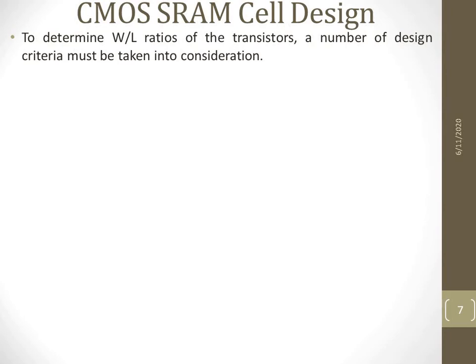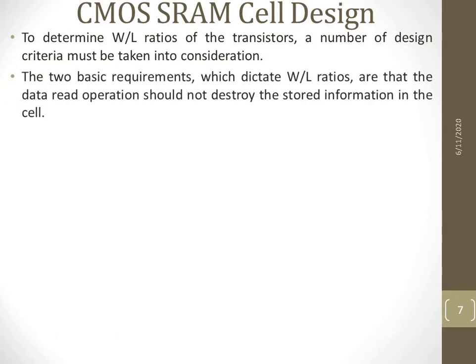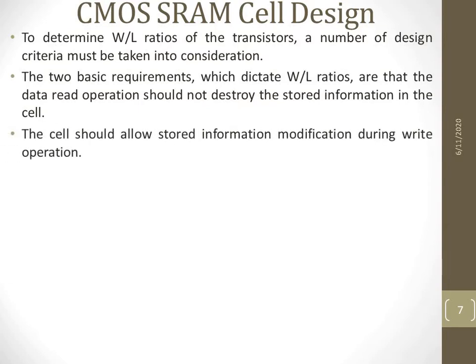Now the question that comes up is the transistor size. To determine the W/L ratio of transistors, a number of design criteria must be taken into consideration. The two basic requirements which dictate W/L ratios are that the read operation should not destroy the stored information in the cell, and the cell should allow stored information modification during write operation.